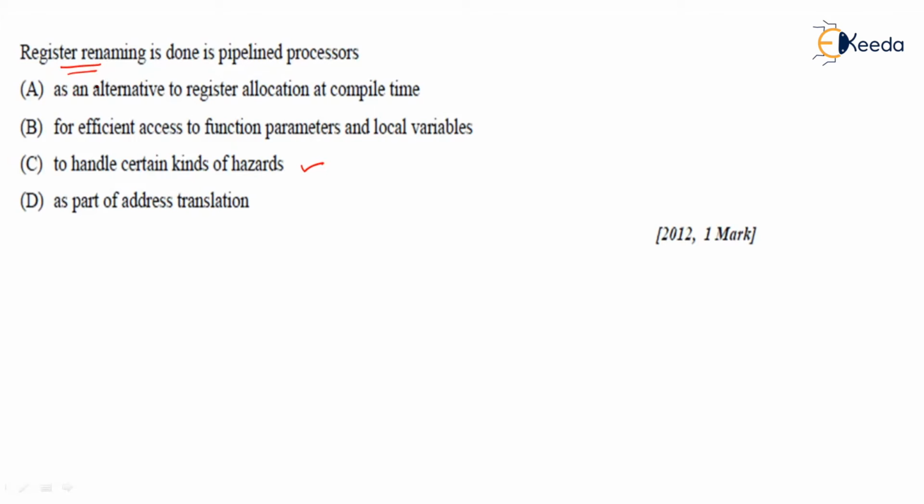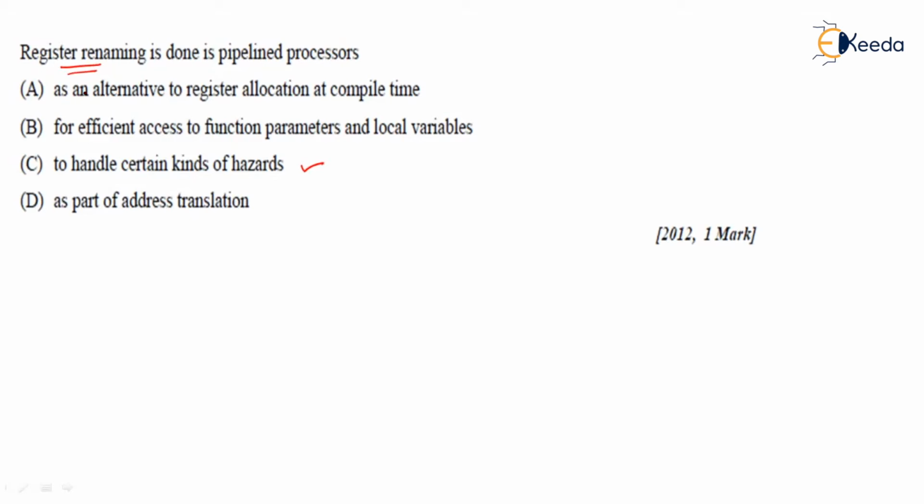Either the output of the first instruction will be utilized as the input of the next instruction, or in a reversed way, the output of the second instruction will be used as an input of the first instruction.